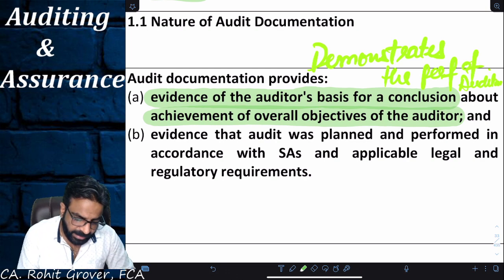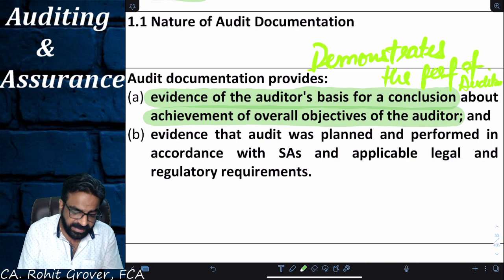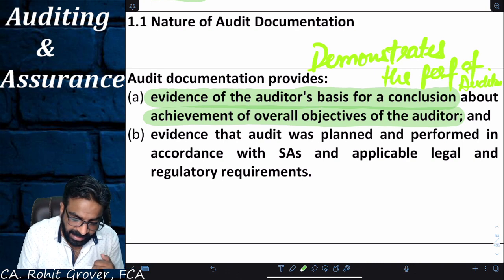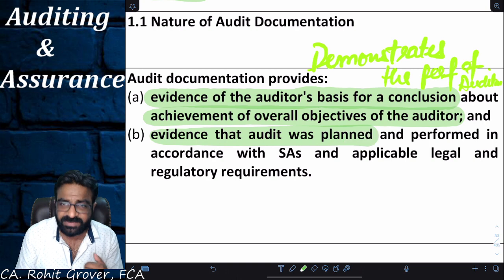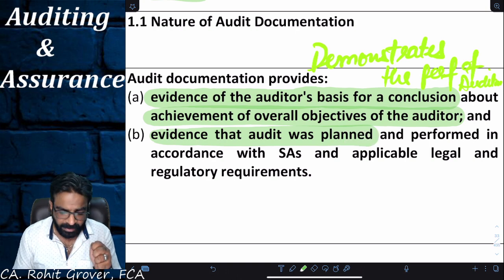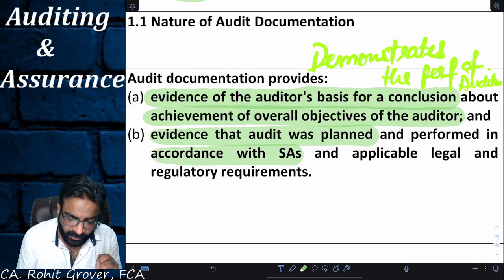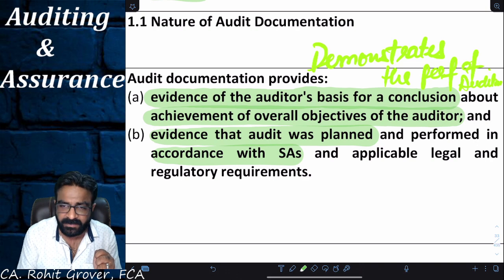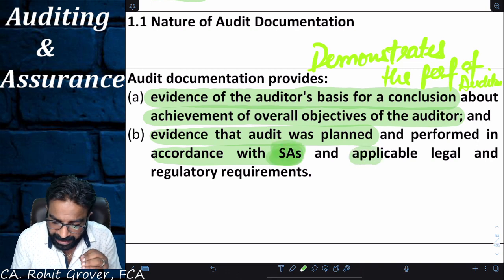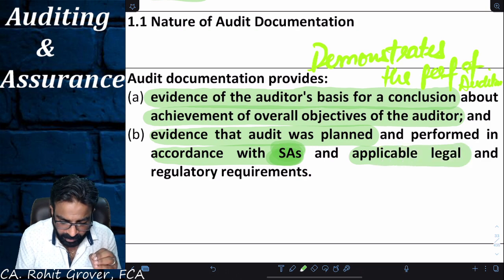And most importantly, it also gives the evidence to the peer reviewer that I did the audit in a which manner? Planned manner. And I performed my audit by following what, everyone? Standards on auditing. And I also followed the applicable legal and regulatory requirements.